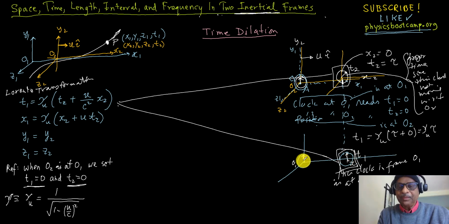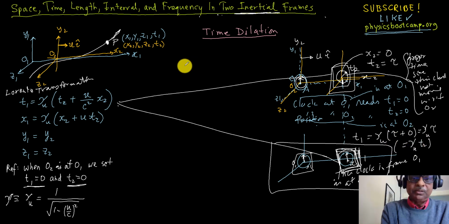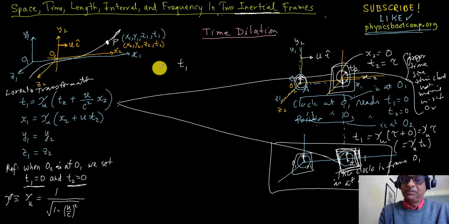So we are not comparing back to this, right? We're comparing to a new clock. So in this frame, the time elapsed for the corresponding time when time elapsed was T2 is gamma U T2. So here are two clocks, not one clock.